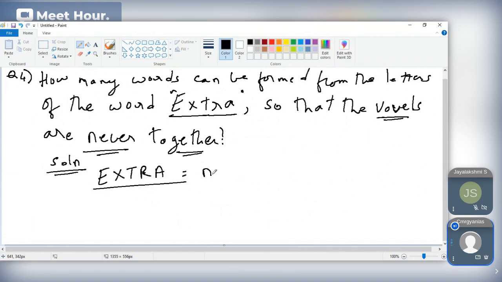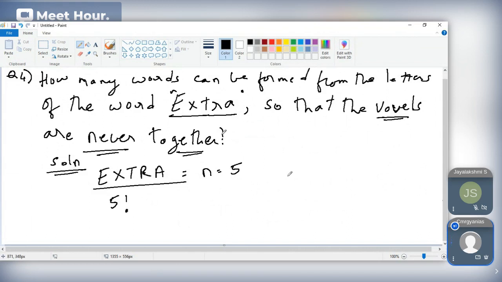In this, n is how much? n is equal to 5. Now, first what you do is don't apply any condition. Without applying any condition, you try to find out how many words can be formed by using EXTRA. So that is nothing but the answer will be 5 factorial.